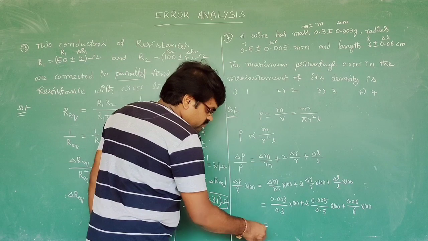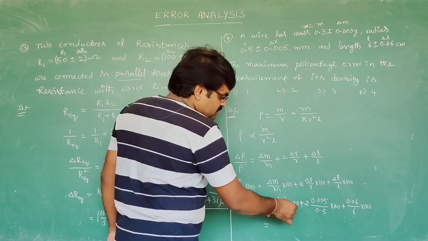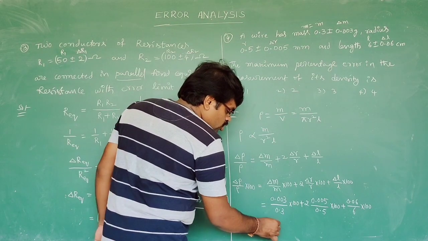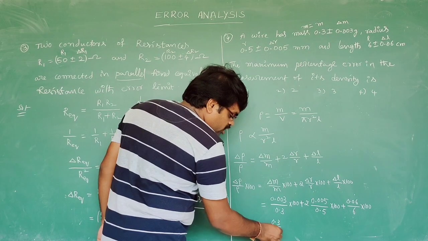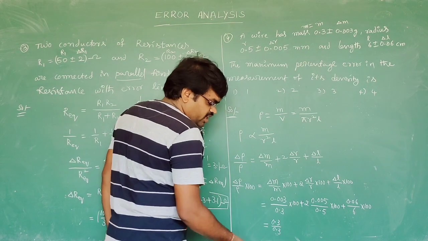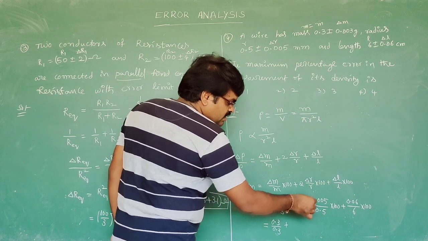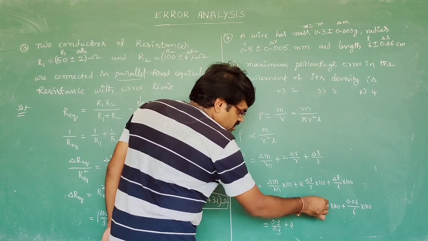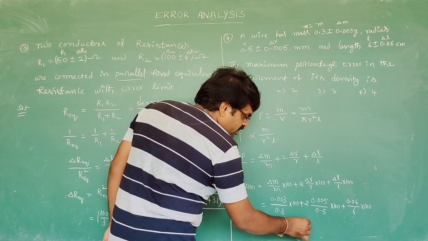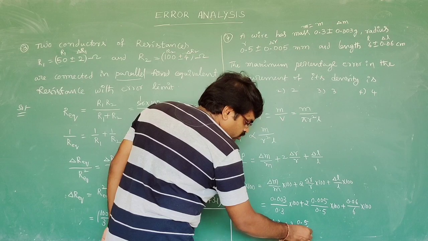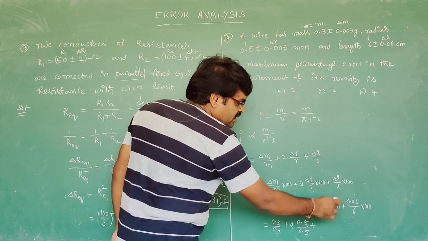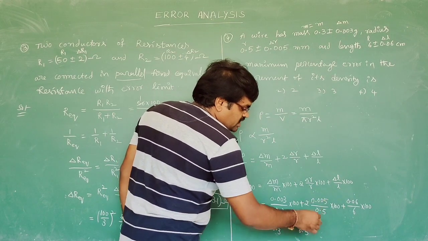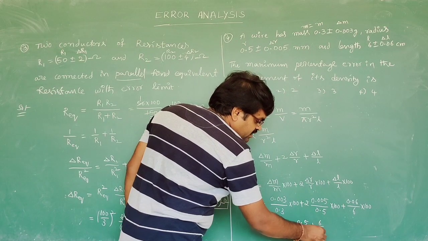Now we are calculating: 0.3 by 0.3 because it's multiplied with 100, plus 2 into 0.5 by 0.5, plus 6 by 6.